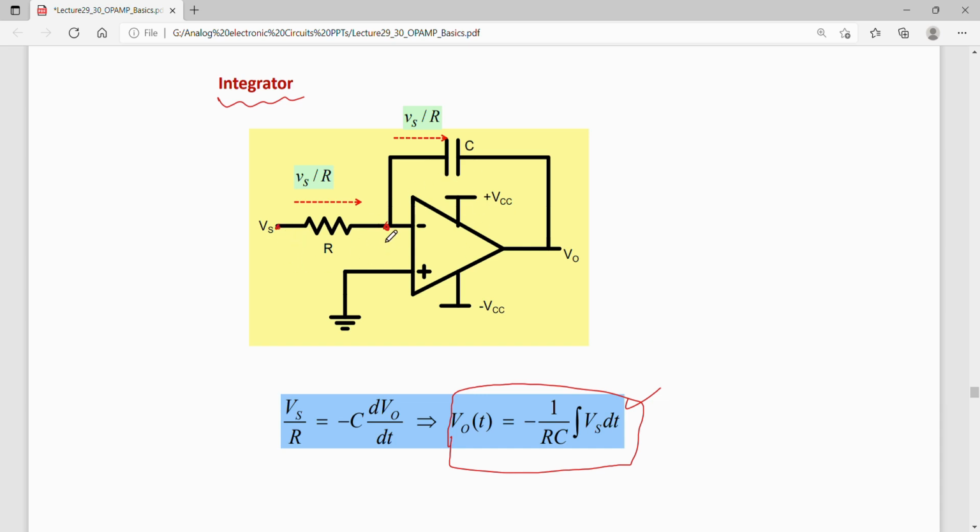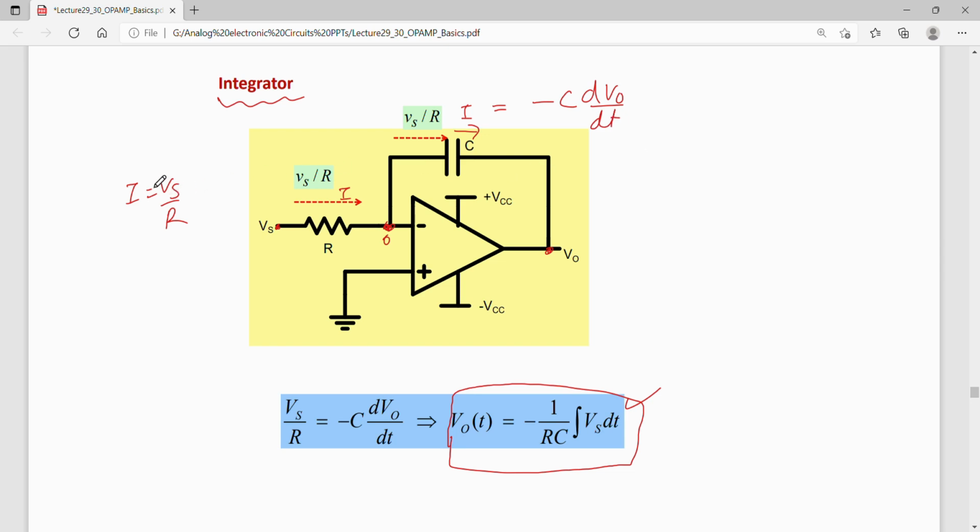So one can write Vs minus 0, since this is at 0, is I times R, that is, this I can be written as Vs by R. And the same I is going into this capacitor. Knowing that this is at 0 and this is at V0, I can write this I is also equal to C dV by dt, or minus C dV naught by dt.